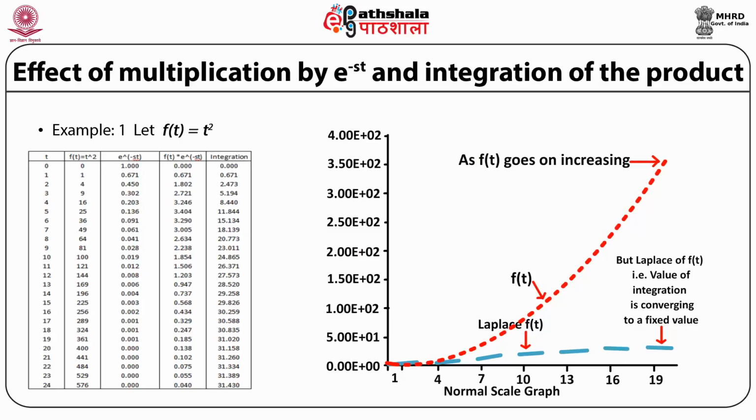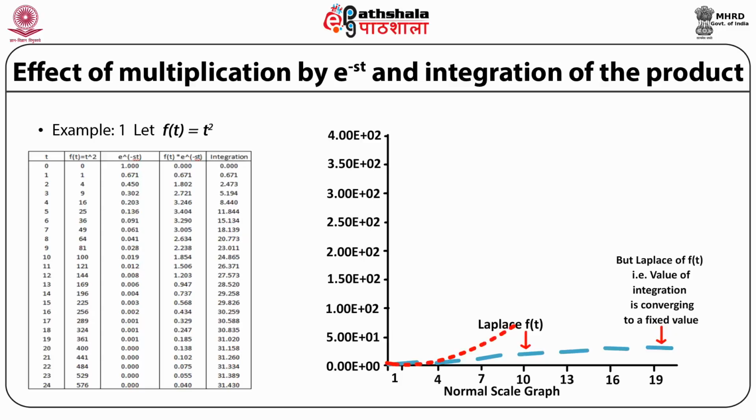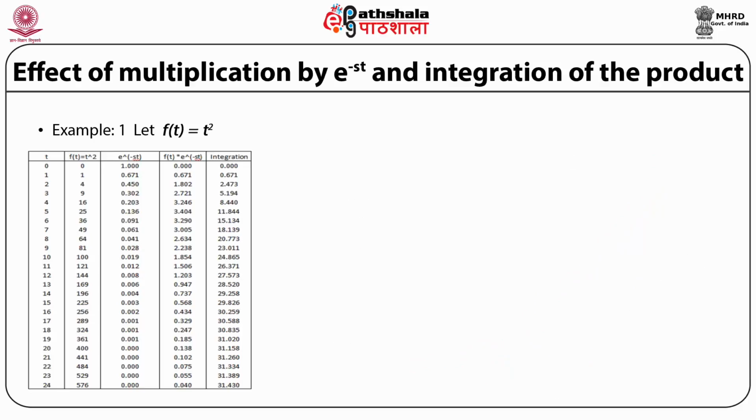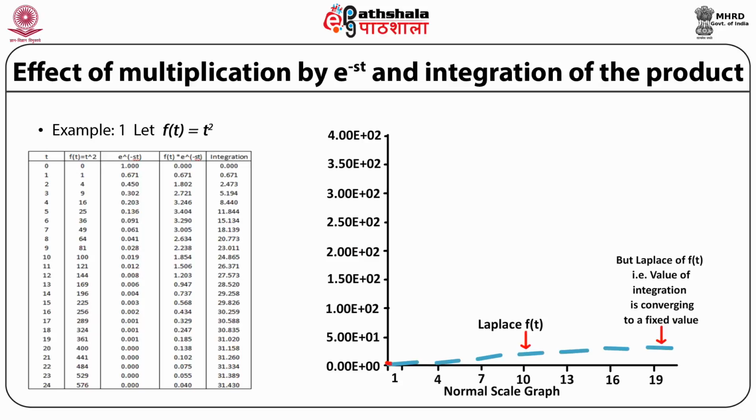So what we are trying to do is capture the property of the function and then stack it up into the first few terms. So we know the pattern just by seeing a few terms, and we don't have to do it for a longer time. And that's the effect of integration after we multiply by e power minus st.